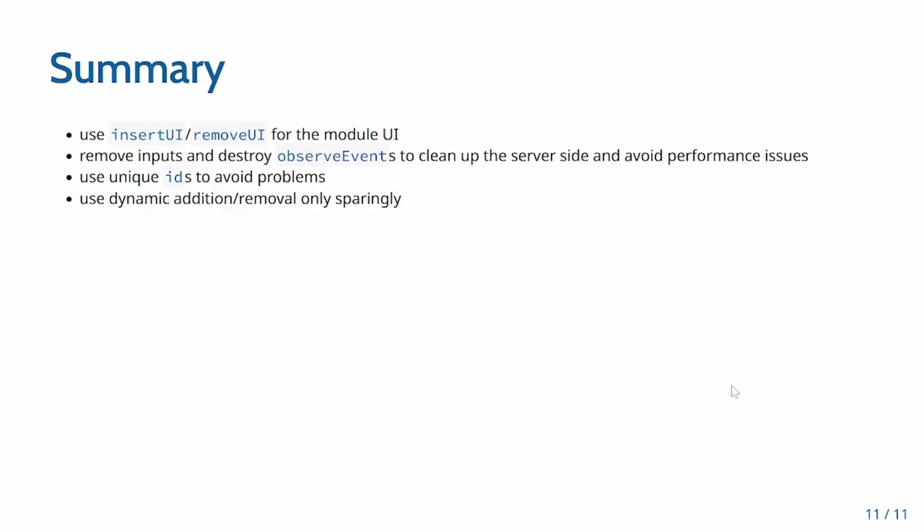You also need to remove the input variables, just as I've shown you, and it's also recommended to destroy observe events so that you can avoid some performance issues on your Shiny server. I also recommend to use unique IDs for every module instance to avoid problems that could pop up when you reuse module IDs.